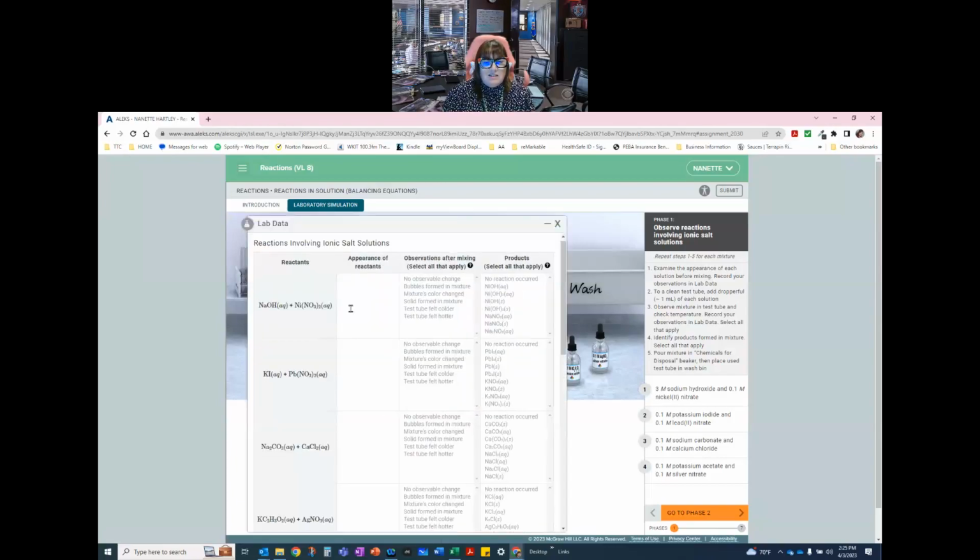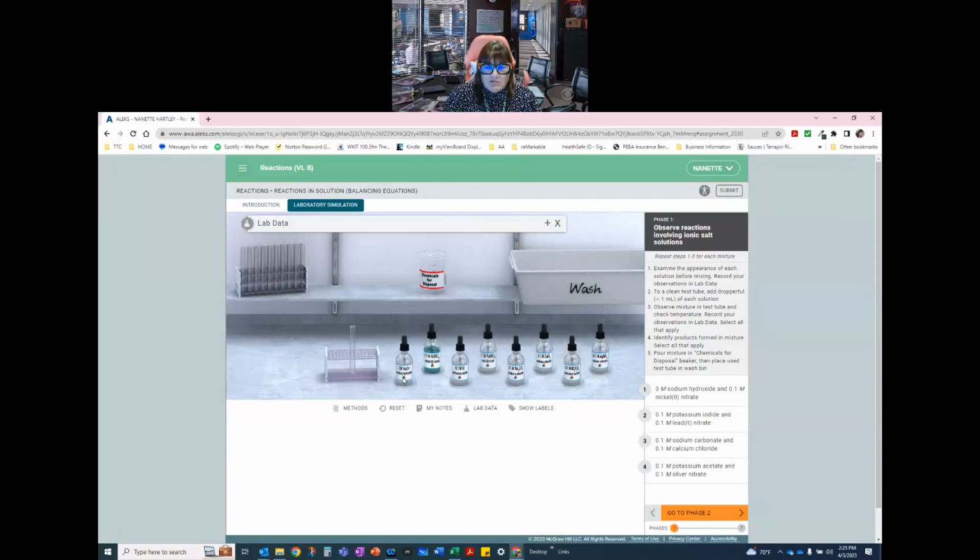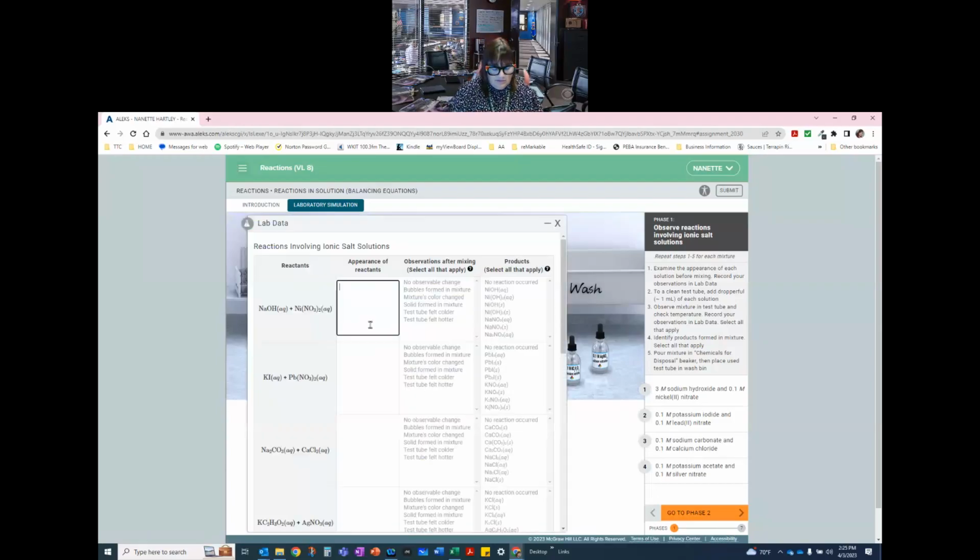Okay, so appearance of NaOH and Ni(NO3)2. The NaOH is here, that's clear. The Ni(NO3)2 is blue. Nickel nitrate.